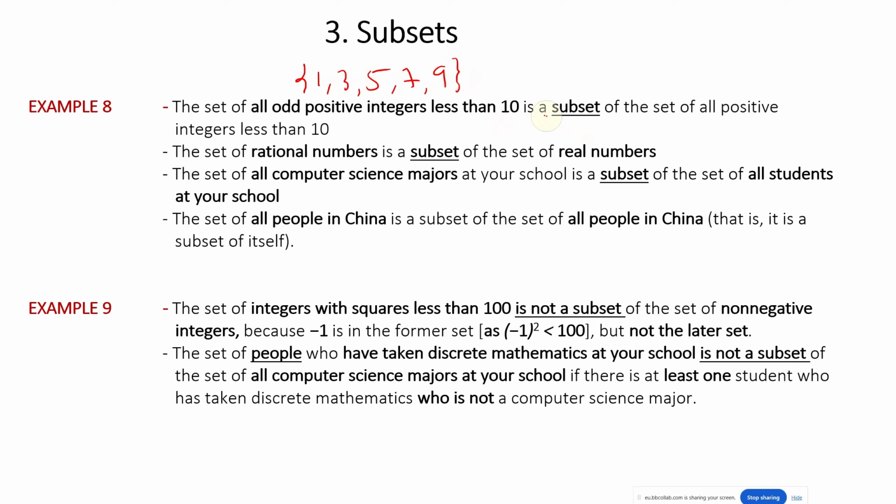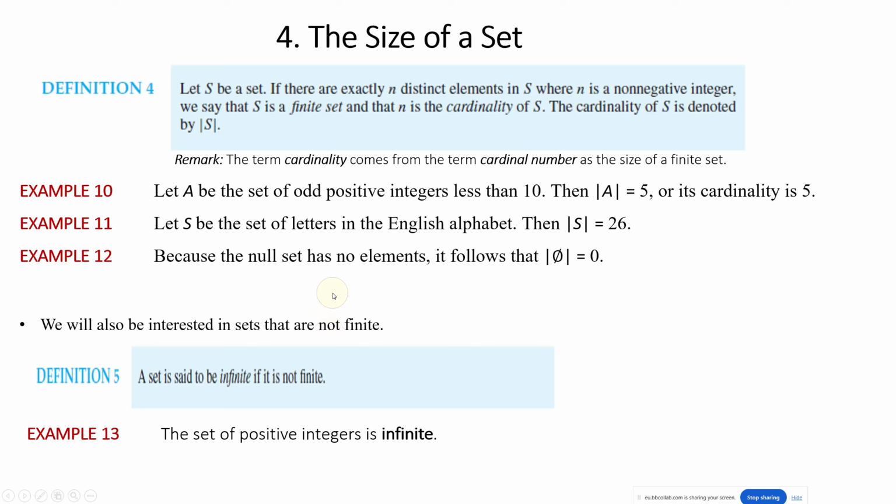And this is a subset of all positive integers less than 10, which is 1, 2, 3, until 9. So this makes sense. This is just to give you some examples of subsets and not subsets. So I'm just going to move on.